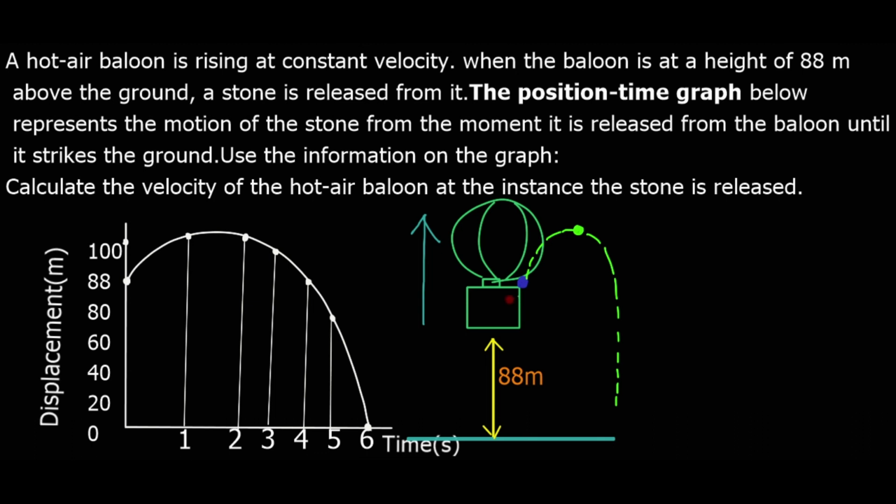Now let us look at this position time graph. We know that on the position time graph, the y-intercept is the position of the object where it starts. They told us this object is 88 meters from the ground, and they gave us 88 meters for when the stone is released. And we know that at the highest point, this is the height the stone reaches, so it is this 100.